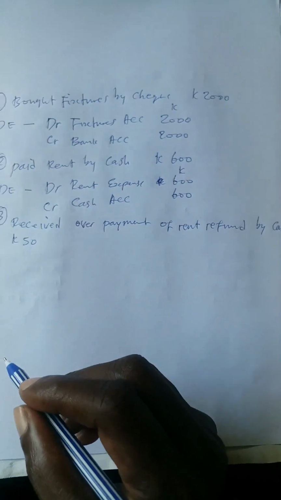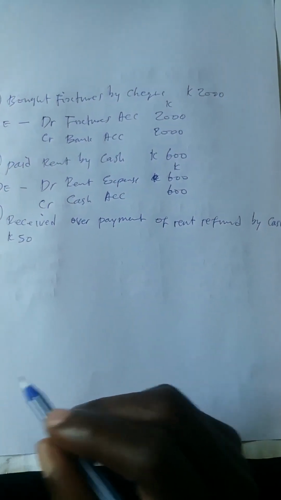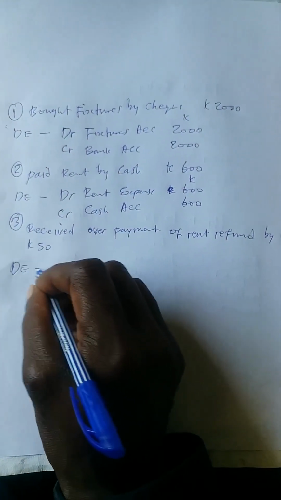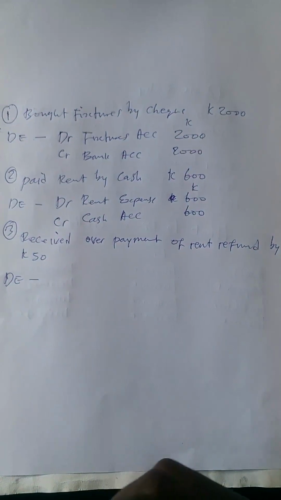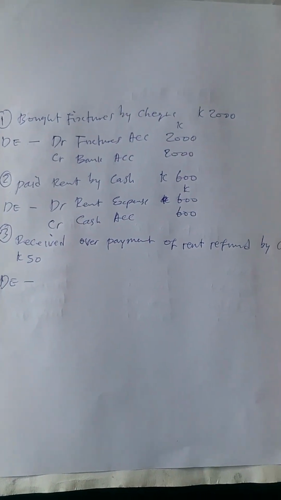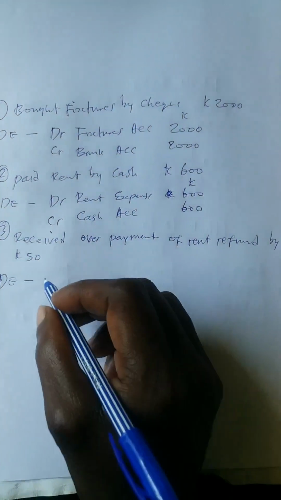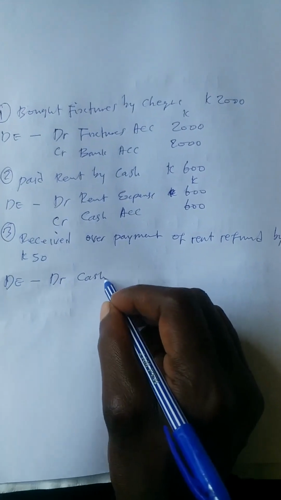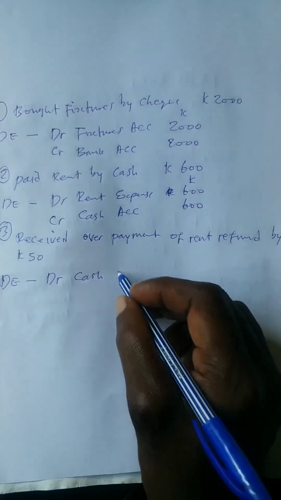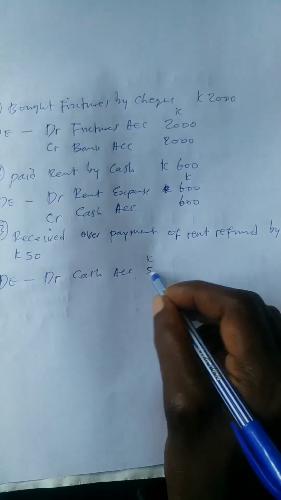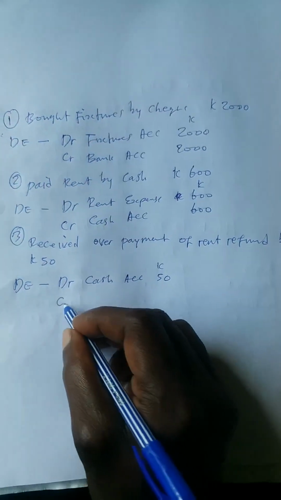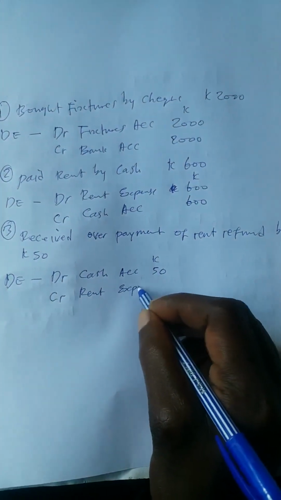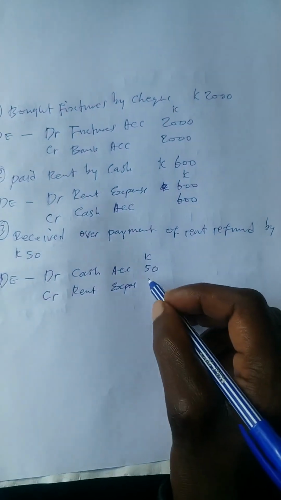The statement says received overpayment of rent refund by cash, 50 kwacha. Since it's a refund of the amount that we overpaid, we are going to debit our cash account. Money is coming into our cash account, kwacha 50. And then credit the rent expense account, 50 kwacha.